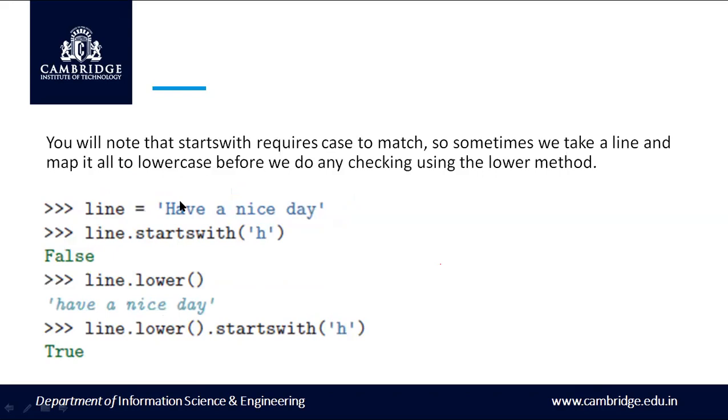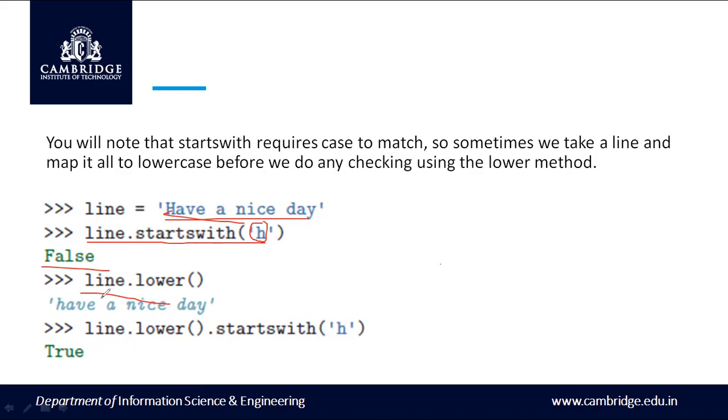You will note that startswith requires a case match. So sometimes we take a line and map it to all lowercase before we do any checking, using the lower method. In the previous example, we took the same string, have a nice day, and when I checked whether the line starts with lowercase h, it returned false. Now I convert this line to lower, so all the uppercase characters will be converted to lowercase.